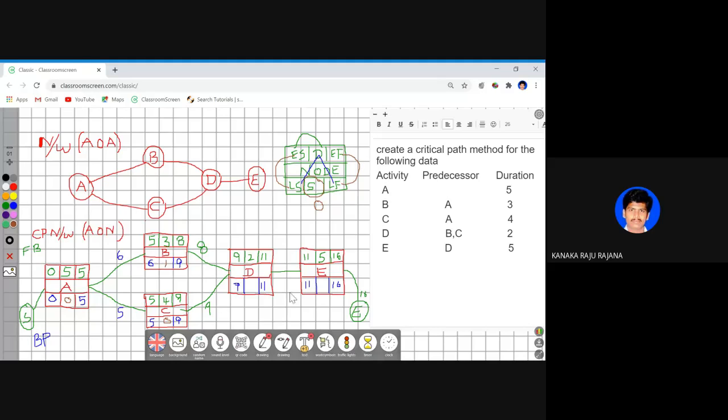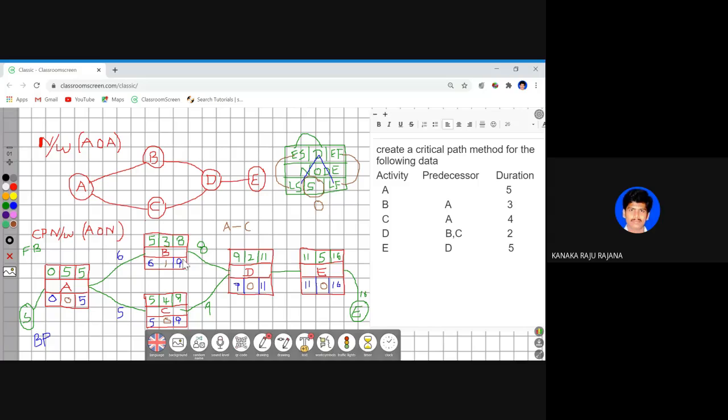Okay. Next, 9 minus 9, 11 minus 11. Next, 11 minus 11, 16 minus 16. Therefore, we came to a conclusion about which nodes participate in the critical path. What are they? First, A. From A, it travels towards C rather than towards B. Why?